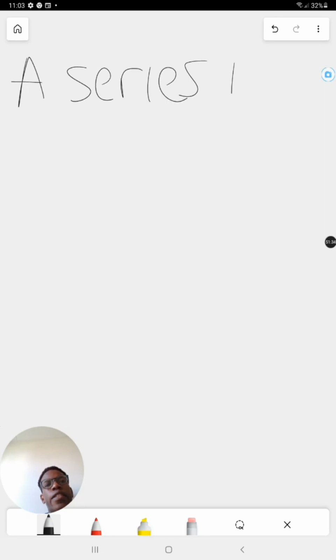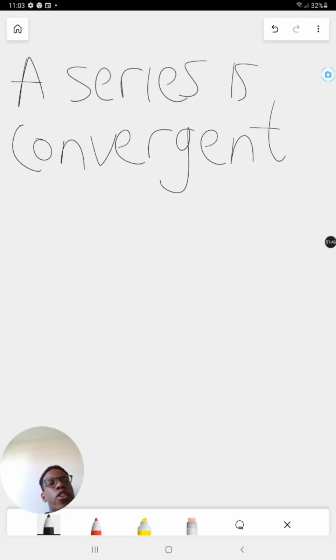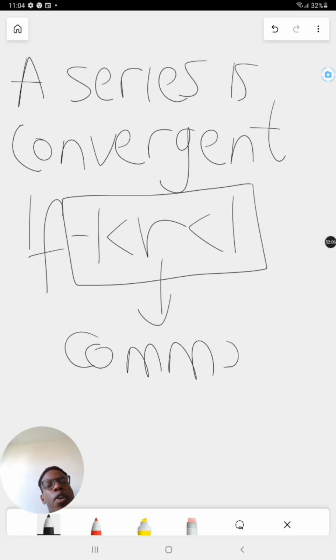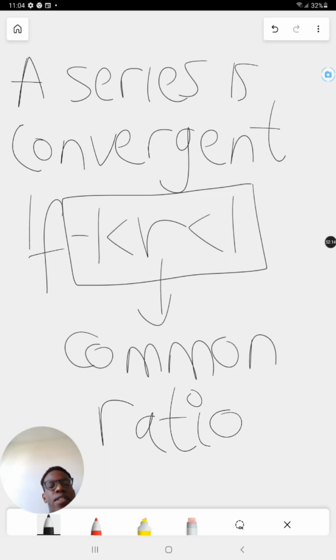So a series is convergent, in other words, the terms will get closer and closer to 0, if r is greater than -1 and less than 1. What is r? R is your common ratio. If your common ratio is greater than -1 and less than 1, then your series is going to be convergent.